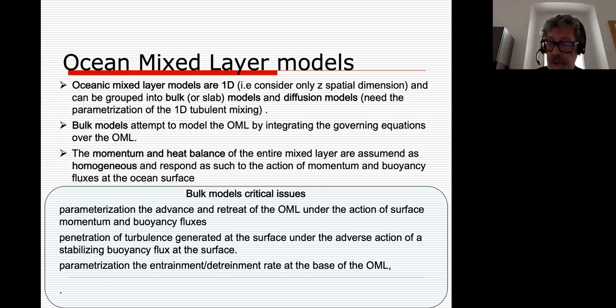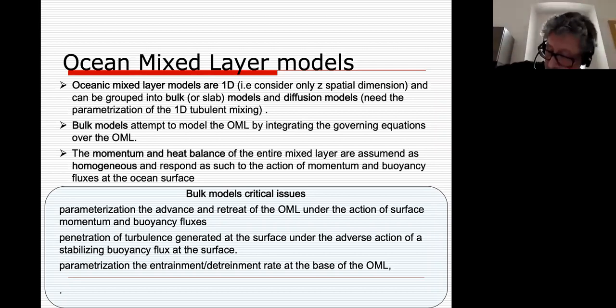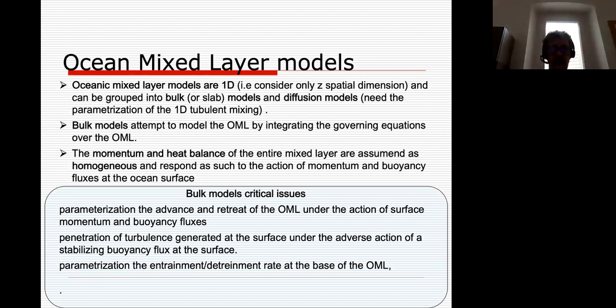So we want to know which is the thermal energy and which is the potential energy associated to the deepening or shoaling of the mixed layer. These are the two elementary characteristics we want to describe in order to mimic the behavior of a mixed layer. Which are the problems for that?